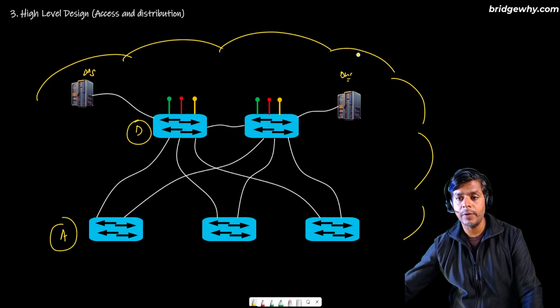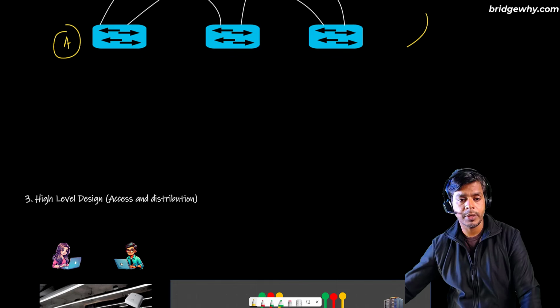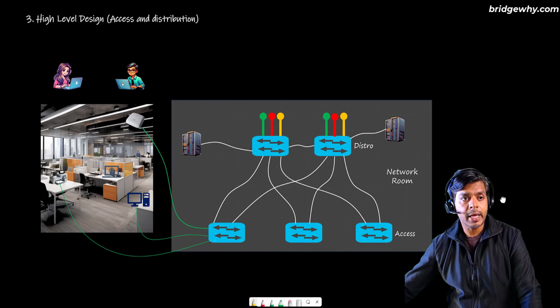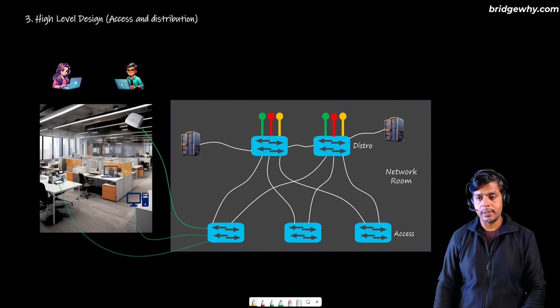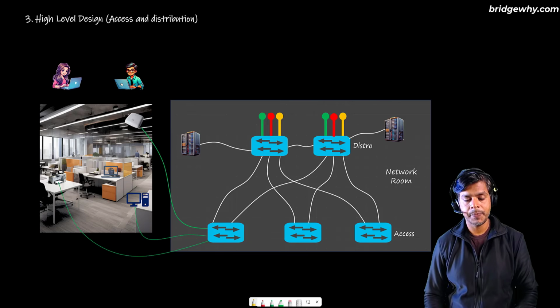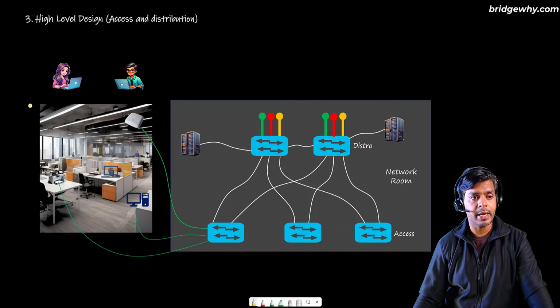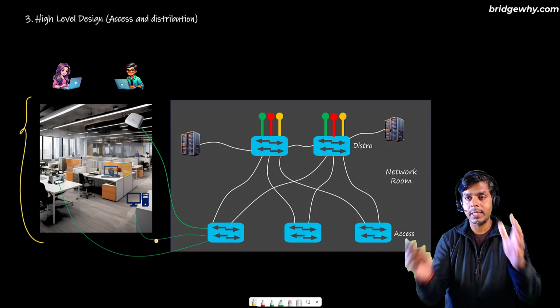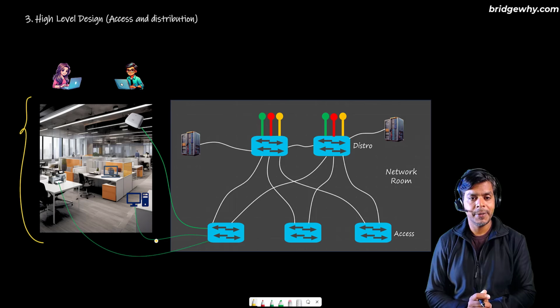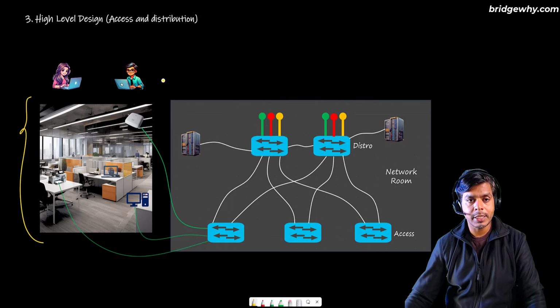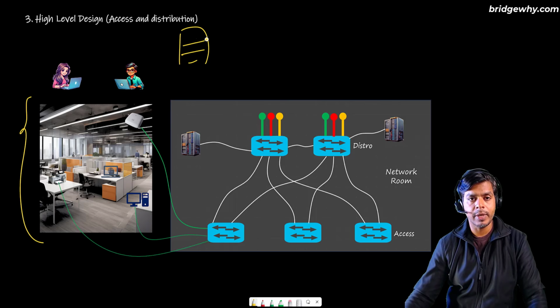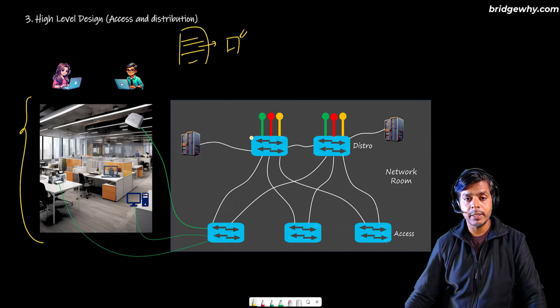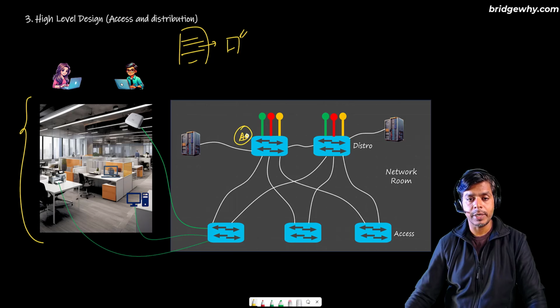Right now, if we talk about where exactly all these devices are in that big building, basically we have this picture, and we see this picture all the time. We don't see the wires here and there. But believe me, in this three-floor building, we must have one room where we have placed these distribution switches and access switches.